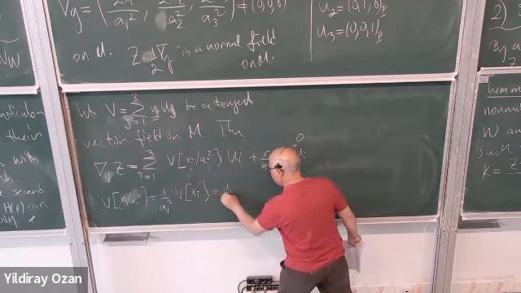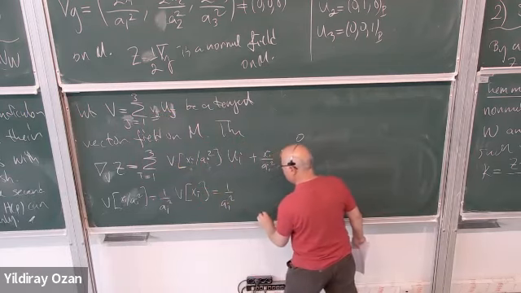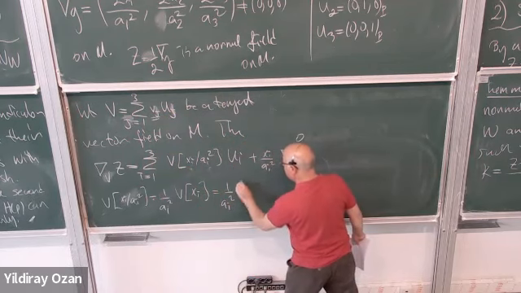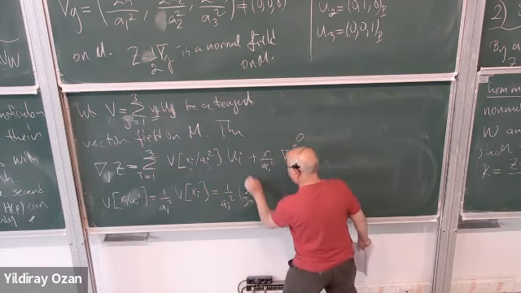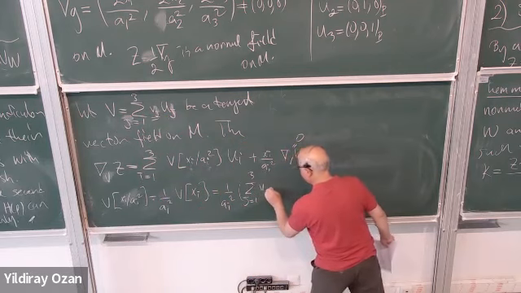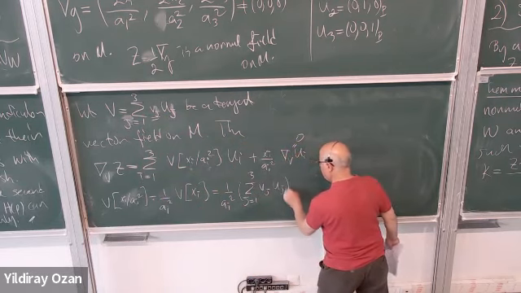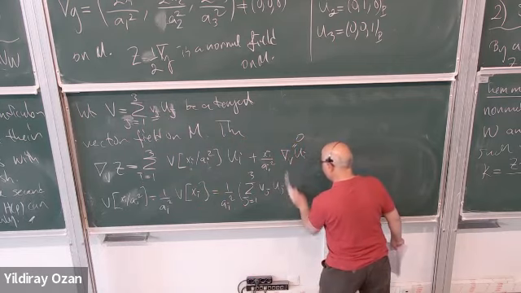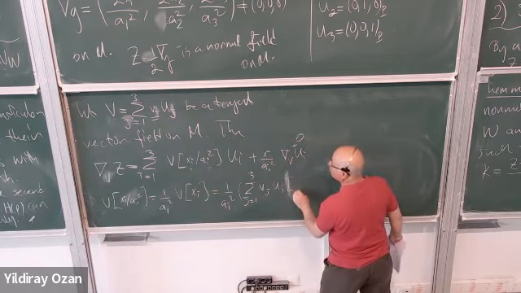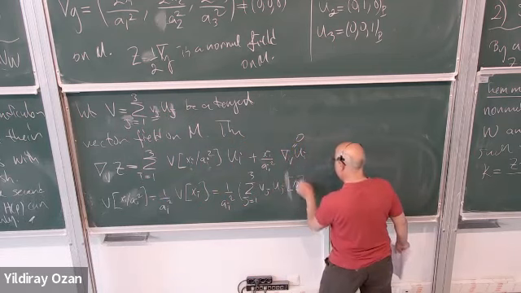So this will be just 1 over ai squared times the sum over j from 1 to 3 of vj uj evaluated on xi.